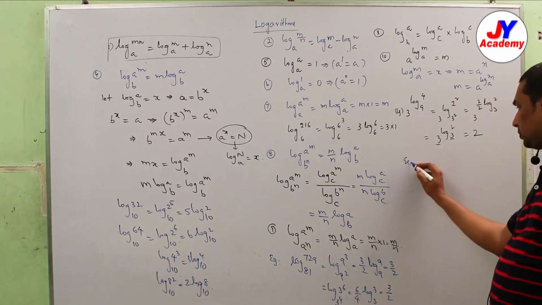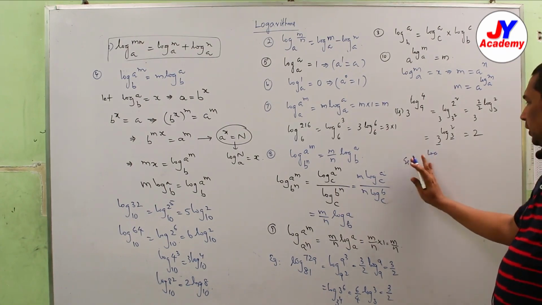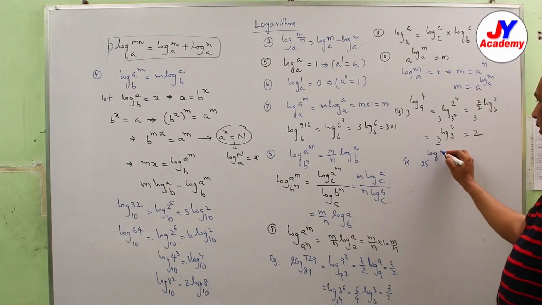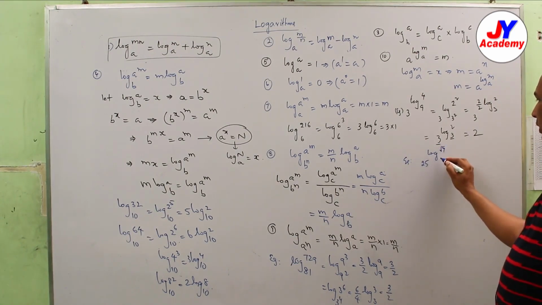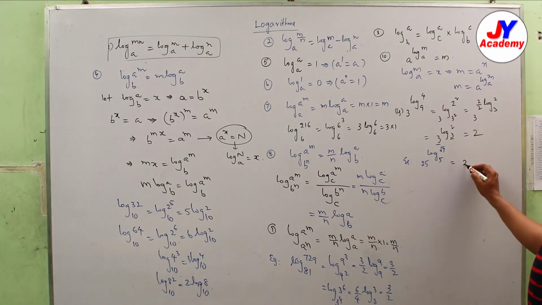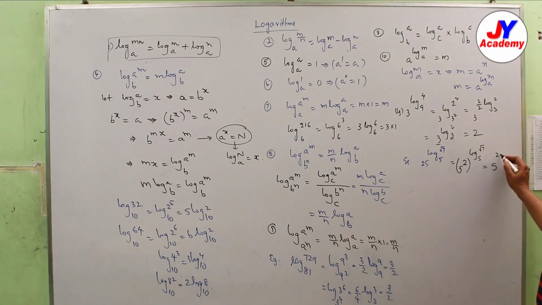Suppose 25 power log root 7 base 5. How do we solve this question? 25 means 5 square, whole to the power of log root 7 base 5, that is 5 to the power of 2 log root 7 base 5.